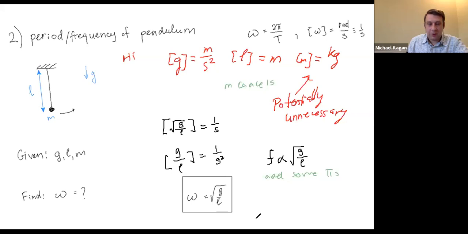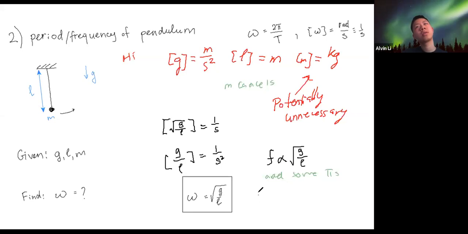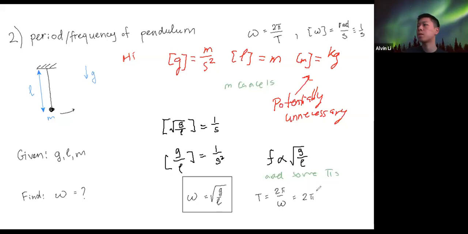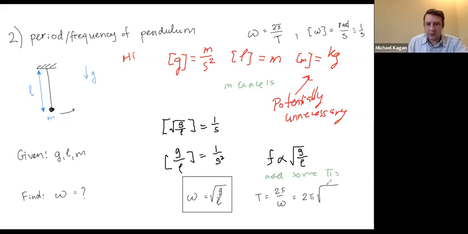Well, you will be surprised, but this formula is actually perfect. It's not missing anything. If you want the period, of course, you need to take 2 pi over omega, right? And then it gets the 2 pi in front, and you flip this, so you get root of L over G. That you may have seen before, and I suspect you've also seen this.